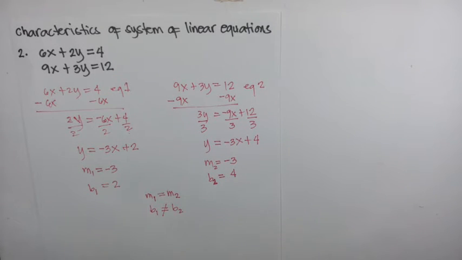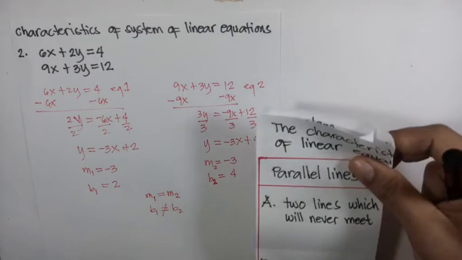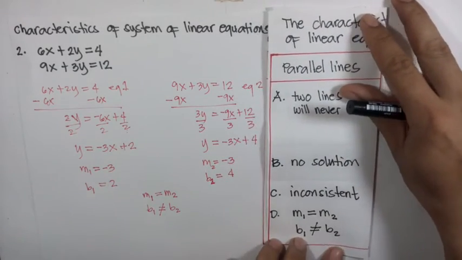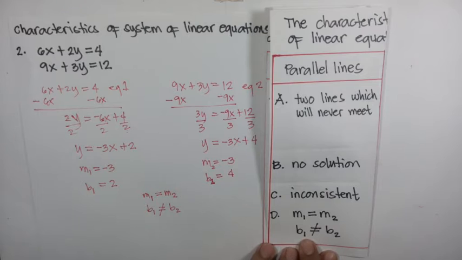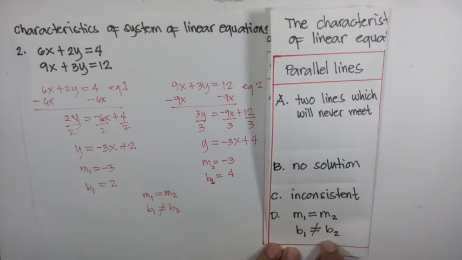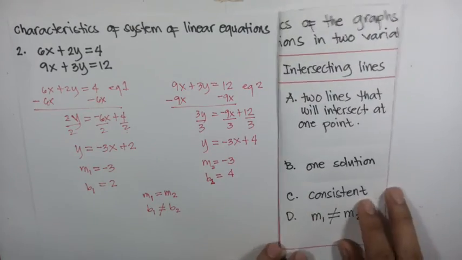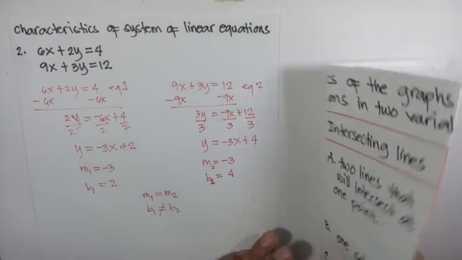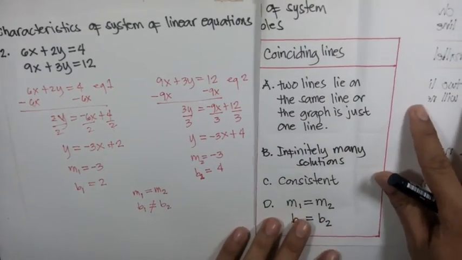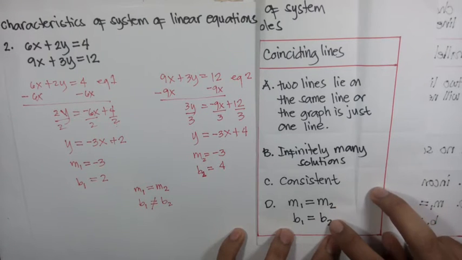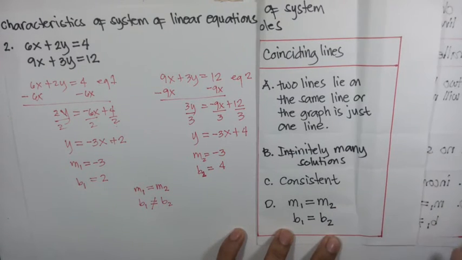If we look back and recall, when the slopes are equal and the y-intercepts are not equal, it is parallel lines. If it were coinciding, the slopes are equal and the y-intercepts are also equal.